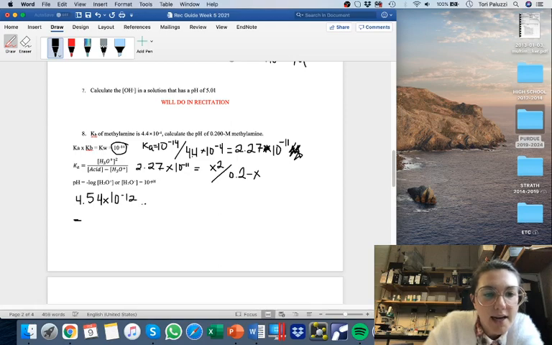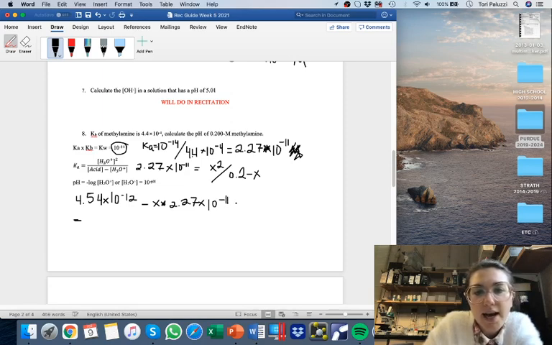I'm then going to get negative x times 2.27 times 10 to the negative 11, and that's all going to equal x squared. There's a bit of a lag. And that overall is going to be my quadratic.